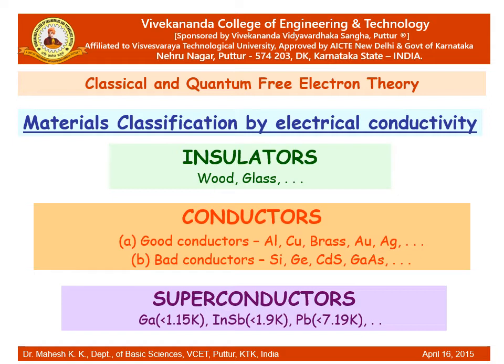Fine, we know that electrical materials can be classified as insulators, conductors, and semiconductors, and these are some of the examples. Wood and glass are insulators, and for conductors you have aluminum, copper, brass, etc. Then there are bad conductors, or semiconductors, like silicon, germanium, etc. And then there are something called superconductors.